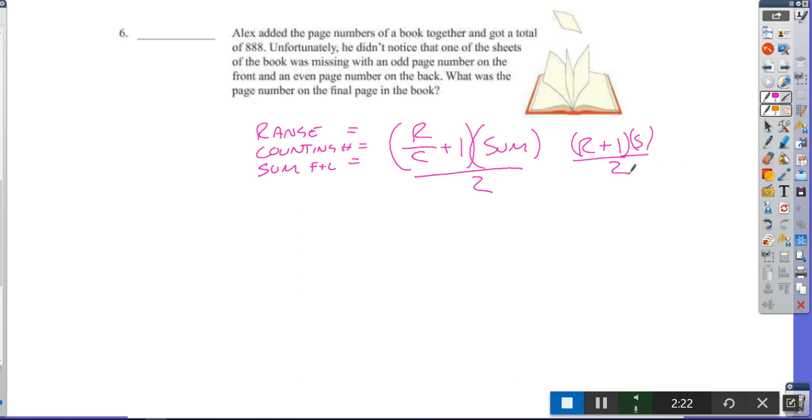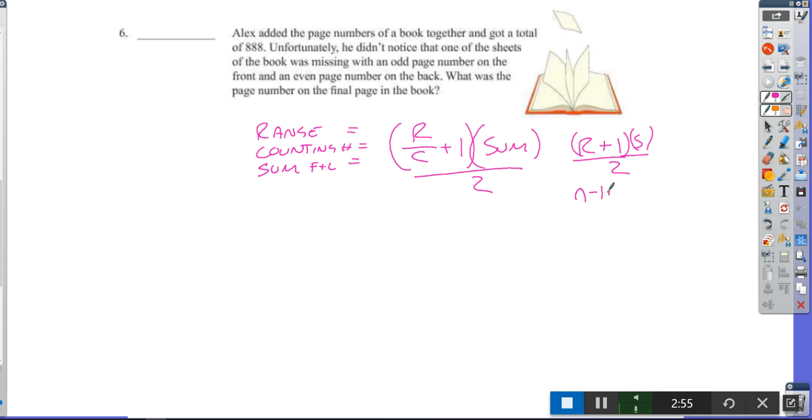Now, when we are dealing with a sequence that is counting by ones, again, this only works when you're counting by ones, the range is going to be 1 less than the largest number, because you start at 1 and you count every number. So the largest number plus the smallest number will be the largest number plus 1. That means the range will be the largest number minus 1.